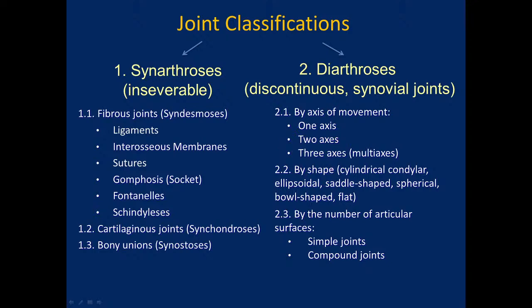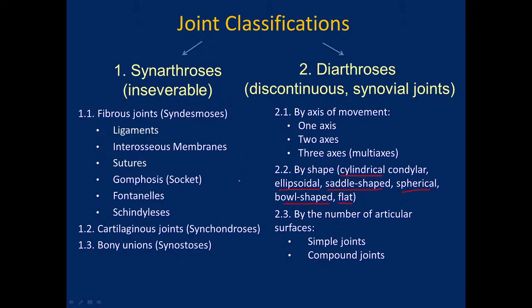Another classification of the diarthrosis is by shape of the articular surfaces. Some joints may be cylindrical or condylar. Some of them may be ellipsoidal, sometimes saddle-shaped, spherical, ball-shaped, or even flat joints.